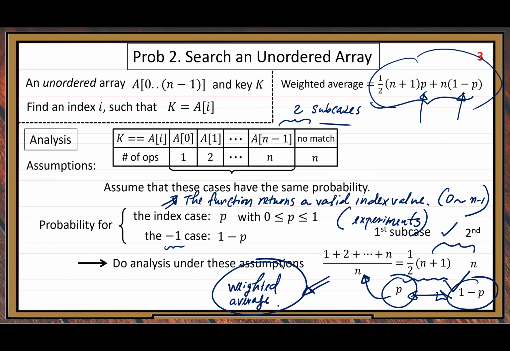In this question, you can see I spent a lot of time. I try to let you understand how to find average case efficiency. What is the correct way to find average case efficiency? You need to do a lot of work, not like best case efficiency and worst case efficiency. Usually those are easy to find.